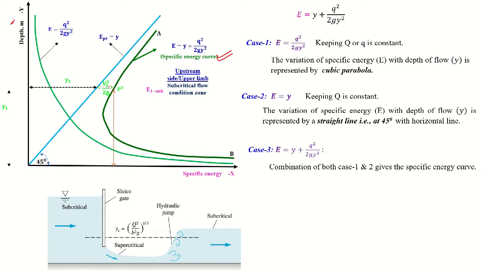Now this tells us the kinetic energy, v square by 2g, and this is the pressure energy. Here the sum of y1 plus v1 square by 2g at point P1 is called energy 1. So on this x-axis, this is E1.